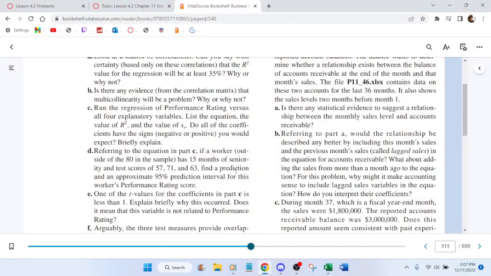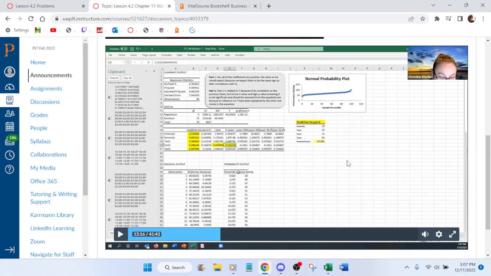Equation. If a worker has 15 months, now we have to do a calculation. So, I mean, that's pretty easy. Where did you put part D? Oh. Test 1, test 2, test 3. Wait a minute. Oh, I see.